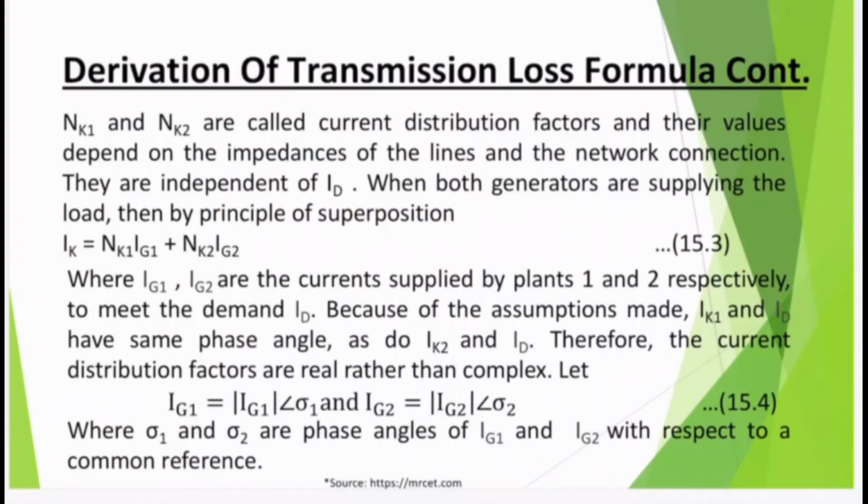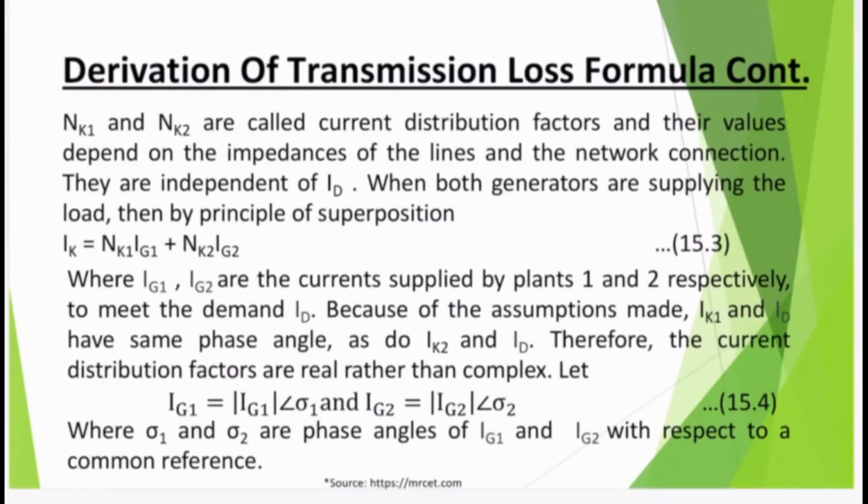They are independent of ID. When both generators are supplying the load, then based on the principle of superposition, one can say IK is NK1 times IG1 plus NK2 times IG2. So you are getting NK1 IG1 when generator 1 is there, NK2 IG2 when generator 2 is there.